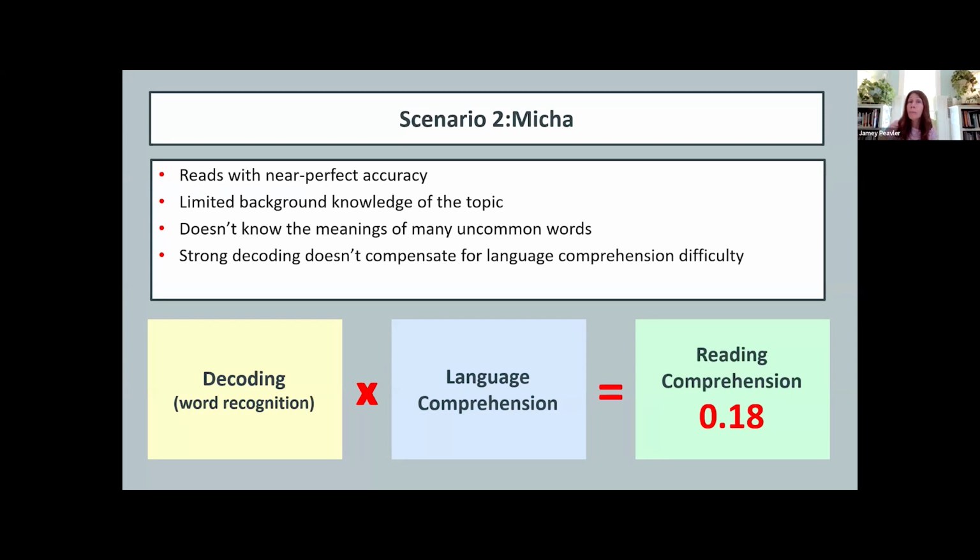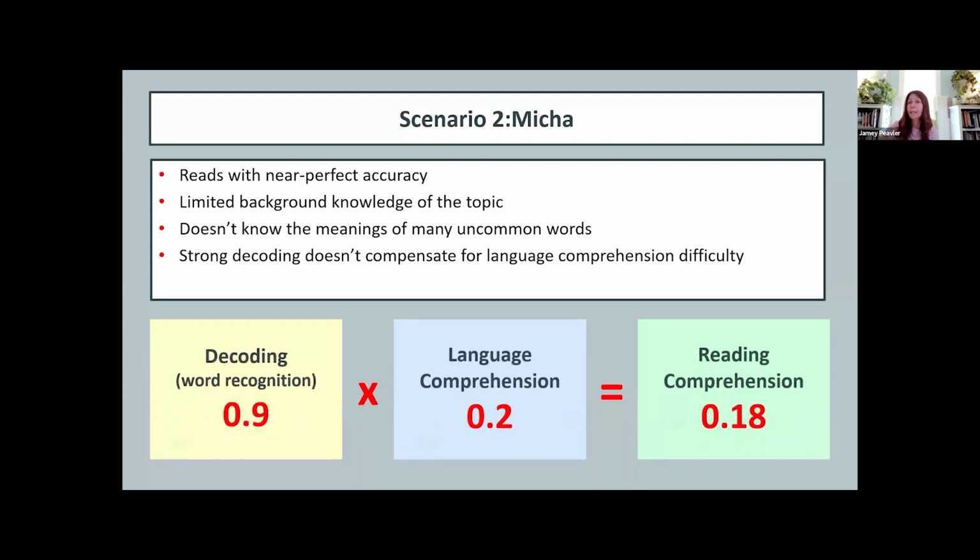So when I show you Micah's subtests, you'll see that Micah's profile is very different, even though their composite scores were similar. Micah's issue was more language comprehension, not decoding. But these two students were in the same intervention group.